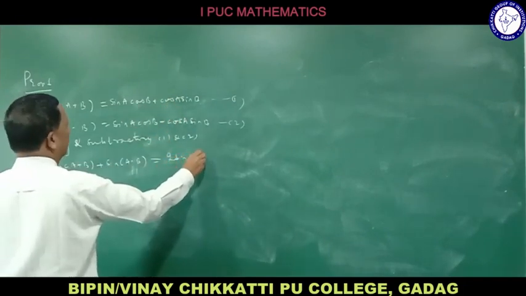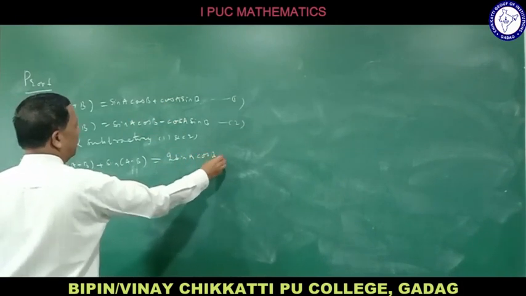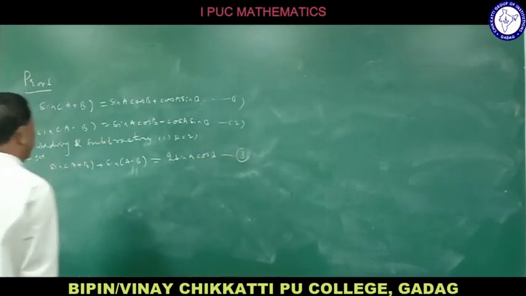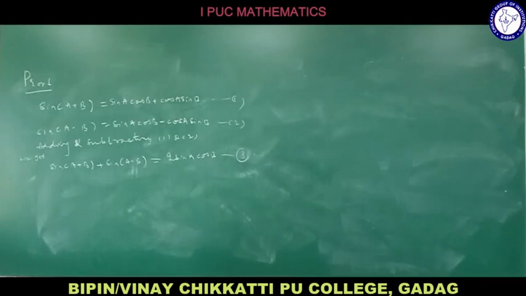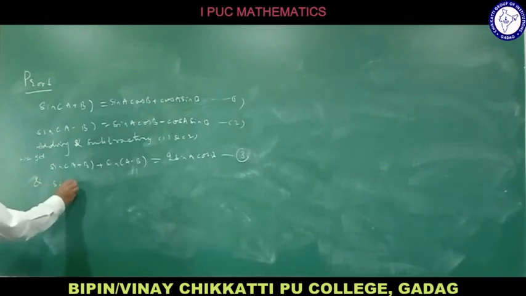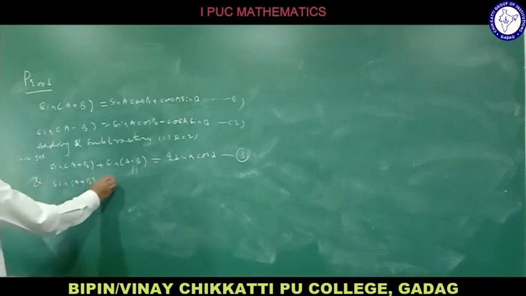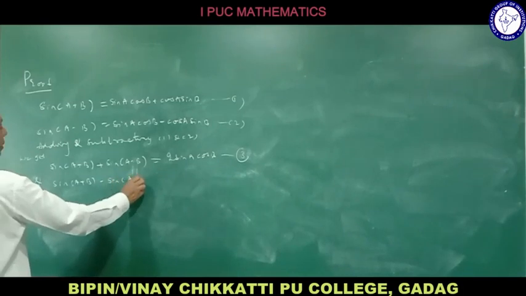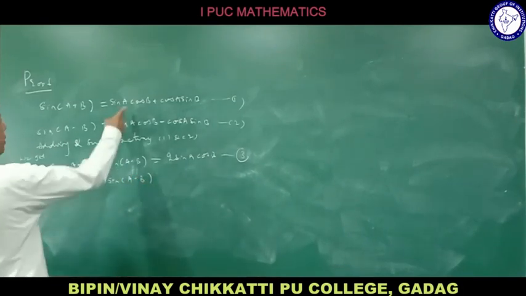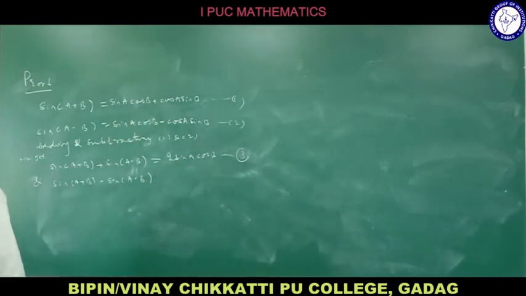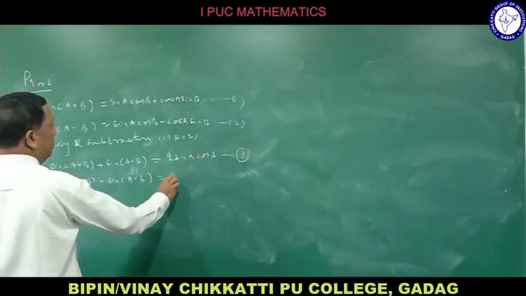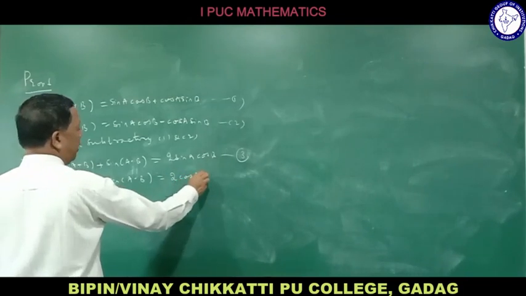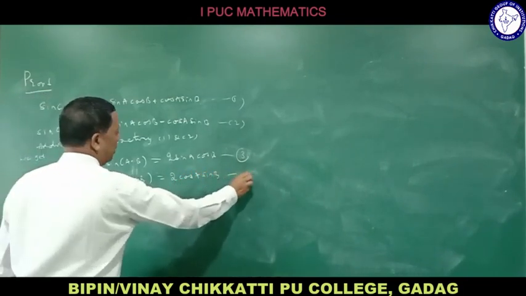This is equation number 3. Sine of a plus b plus sine of a minus b equals 2 sin a cos b. And subtracting, sine of a plus b minus sine of a minus b, these two are cancelled, and ultimately you will find 2 cos a sin b. It is equation number 4.